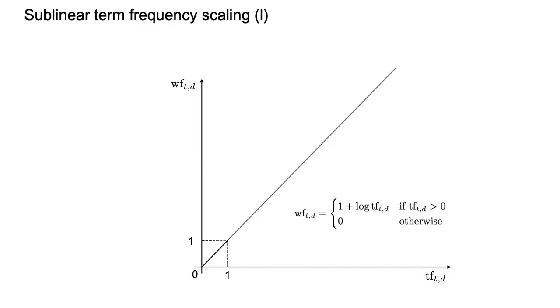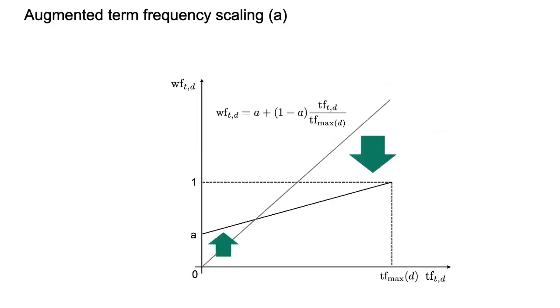But here's another one. Here we don't actually take TF, we also pick a log, just like we do for the IDF, actually. So 1 plus the log of TF, so that gives us something more like this. And we call it L. That's the code for this. Or we can use something else that's called the augmented term frequency scaling that is given by this scary formula. It's basically just some sort of intermediate between a constant and the term frequency.